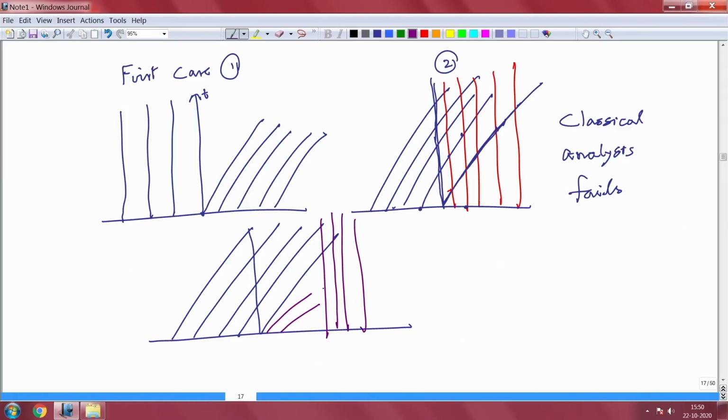It is a 1 to 0 decreasing function, accordingly it will move like this. Okay, so you have again difficulties of solving this problem. This is case 3.